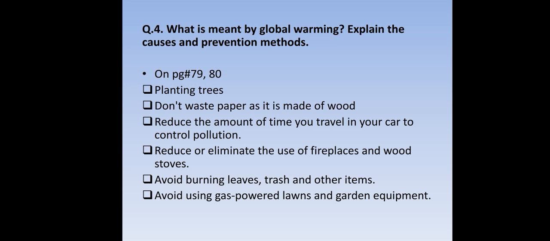These are the ways to make this a better place to live: plant more trees, don't waste water, don't waste paper, reduce the amount of time you travel, reduce or eliminate the use of fireplaces and wood stoves, avoid burning leaves, trash and other items, and also avoid using gas-powered lawn and garden equipment, which is very harmful for our environment because it creates a lot of smoke that is dangerous for our health.